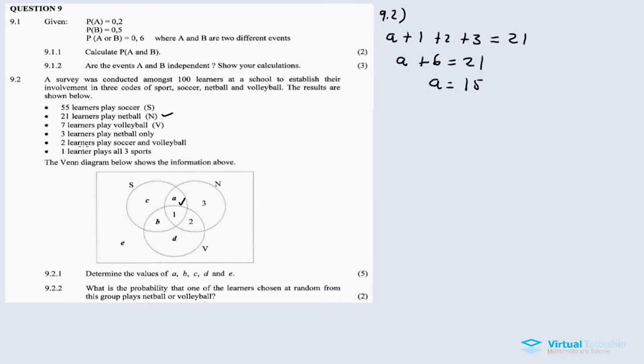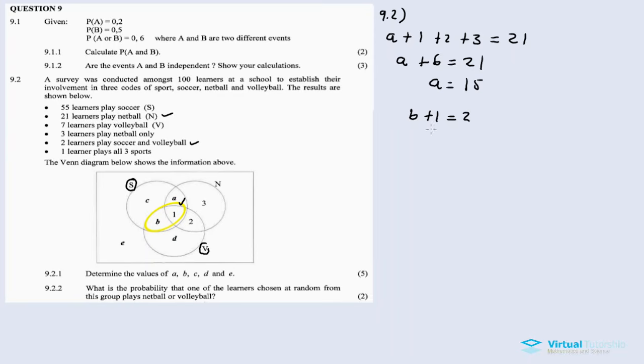So the next one, we can calculate B. Since they say two learners play soccer and volleyball, this point: two learners play soccer and volleyball. So this intersection, this intersection of soccer and volleyball, shows the learners who play soccer and volleyball, which is 2. So when I add this B and this 1, I should get what? 2 learners.